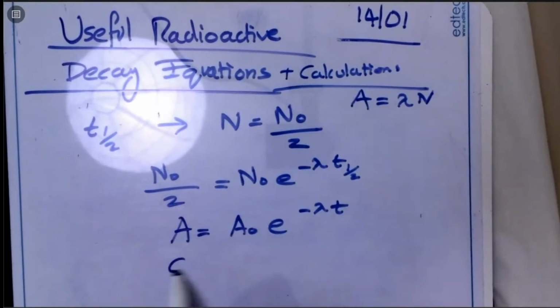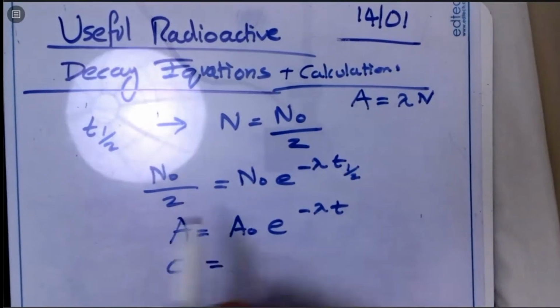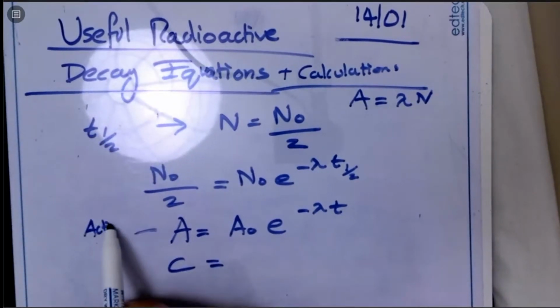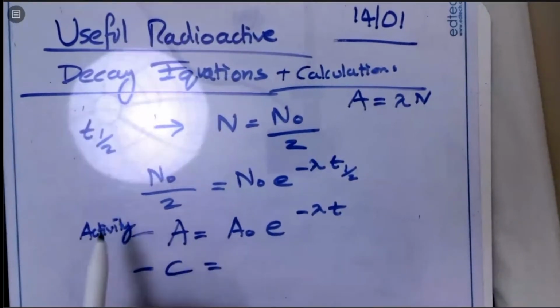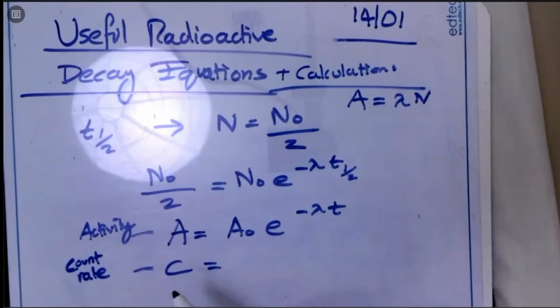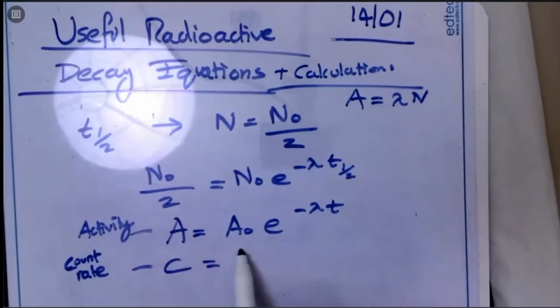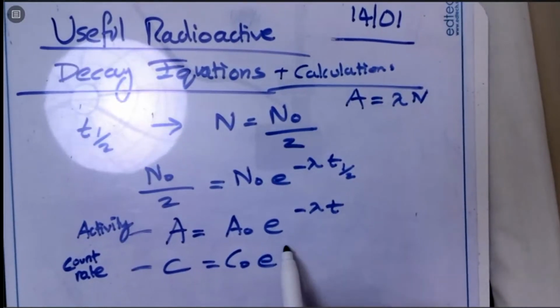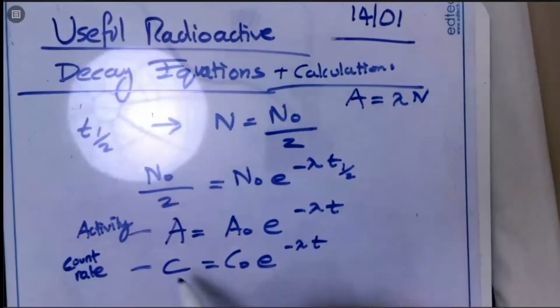You can also write this as count rate, so C. So let me just label these. You could call this activity, or now I'm going to label it as count rate, because count rate and activity are more or less the same thing. When we use a Geiger counter, we are measuring the activity or the count rate. So we can just rewrite it as this. We can have C and C naught as well.